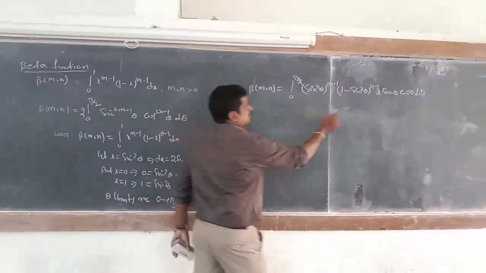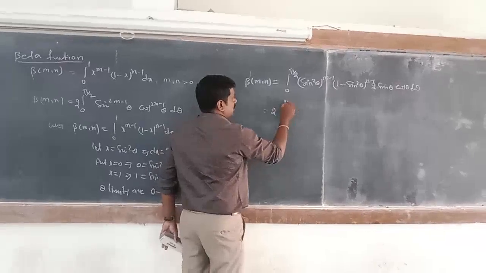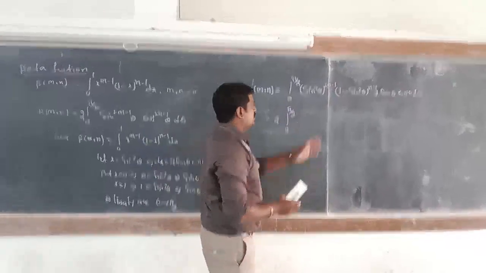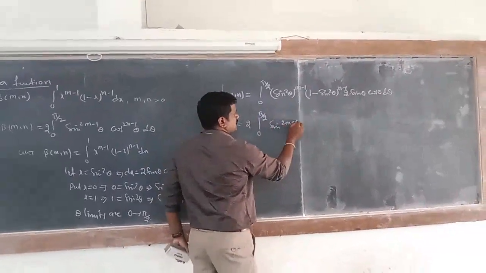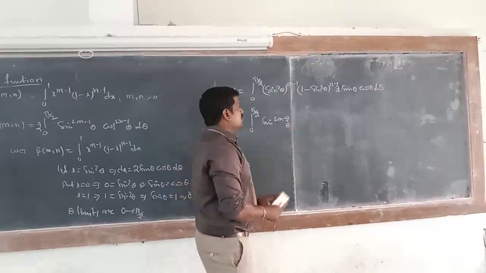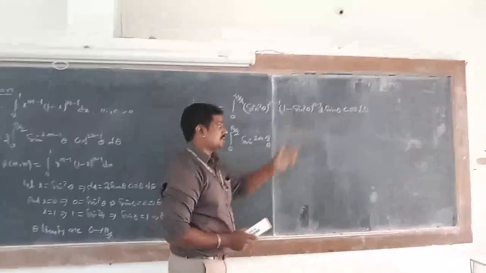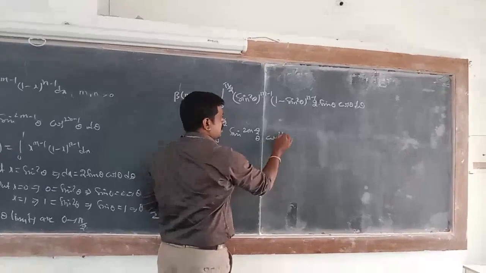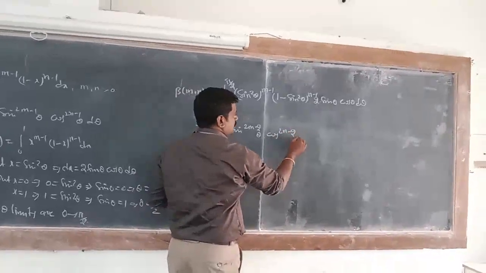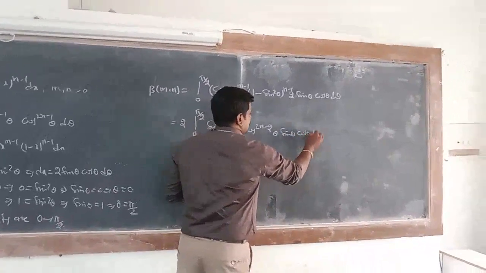From this, 2 is a constant, taking it outside: 2 into integration 0 to pi by 2. Simplify this. Sin power 2m minus 2 theta into, we know that 1 minus sin square theta is nothing but cos square theta, cos square theta whole power n minus 1, which becomes cos power 2n minus 2 theta, into sin theta into cos theta d theta.